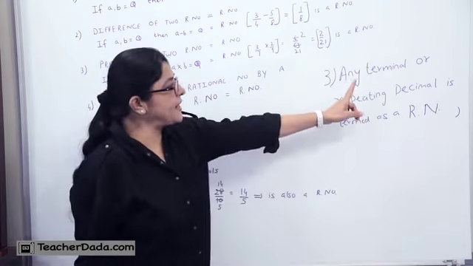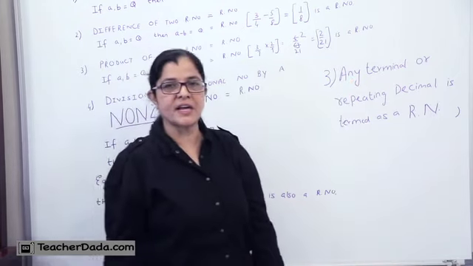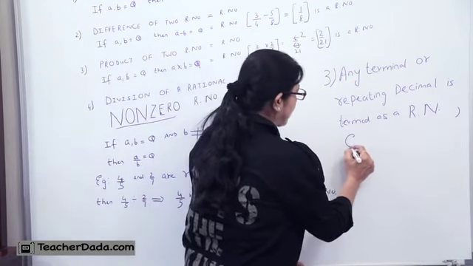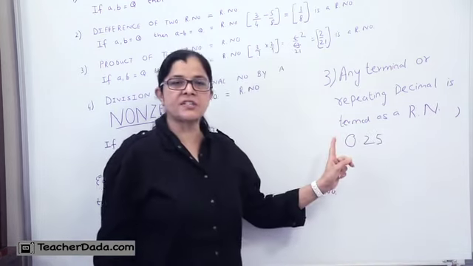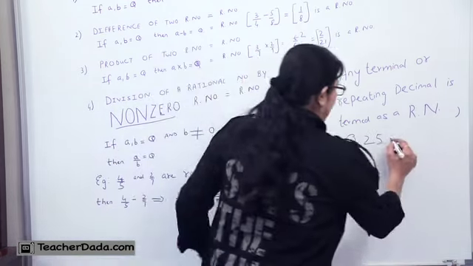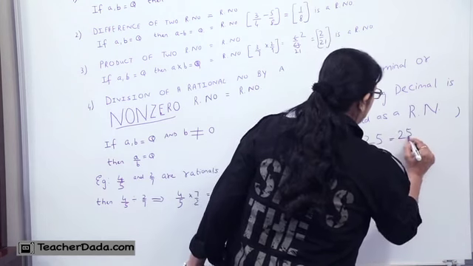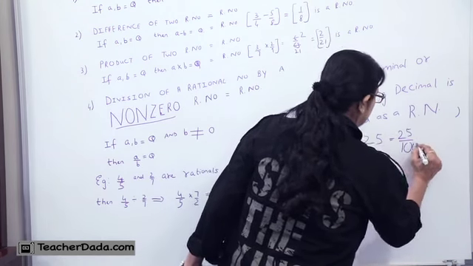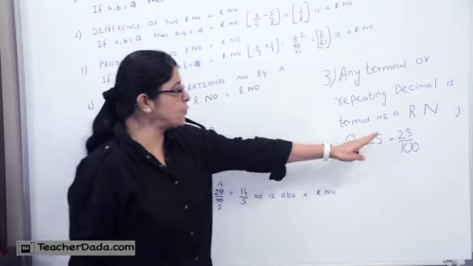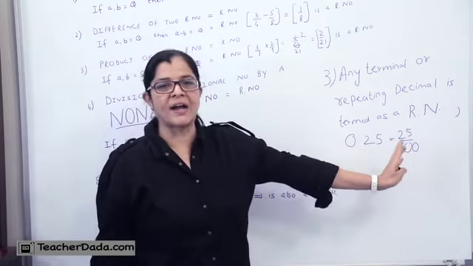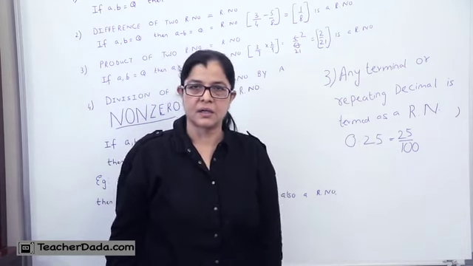Let me explain it to you with the help of an example. For example, if I write 0.25, I can express this 0.25 in the form 25 upon 100. Right? So 25 upon 100 is 0.25. It's a terminating decimal.